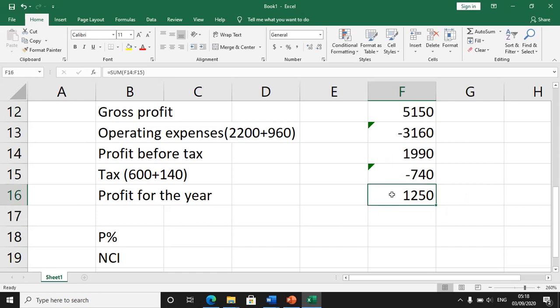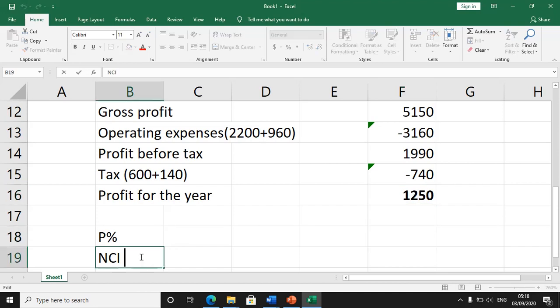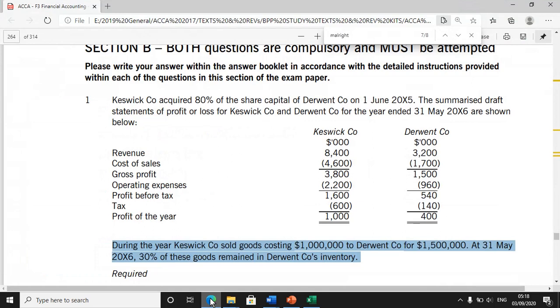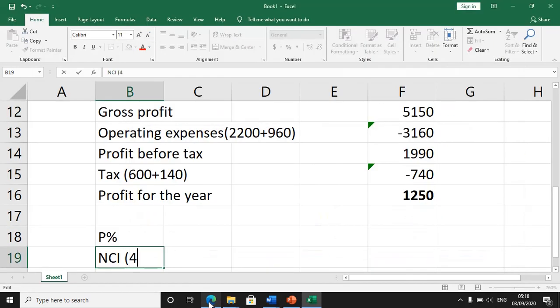I've got 1250. So this 1250 must be shared between parent and subsidiary. So what we do first is that we go to the subsidiary and get the profit after tax, or profit for the year, 400, and get NCI share there.